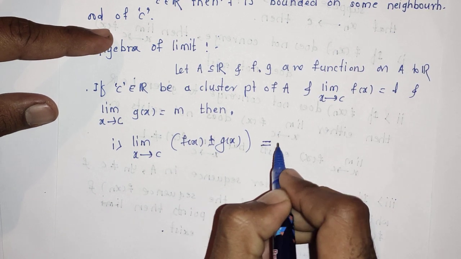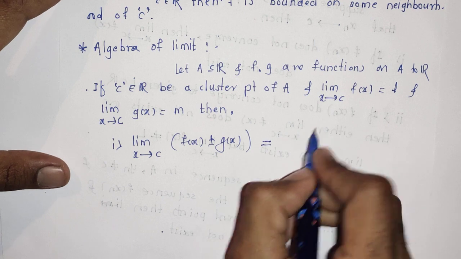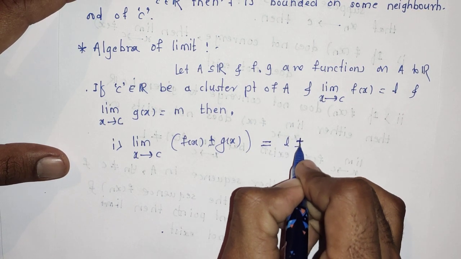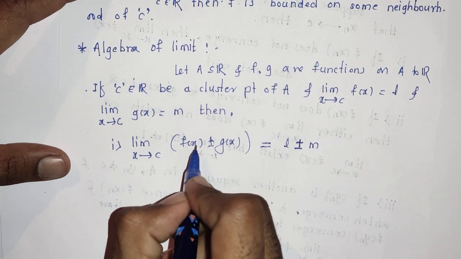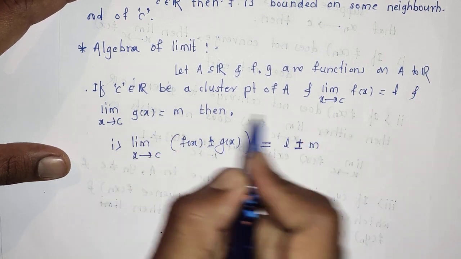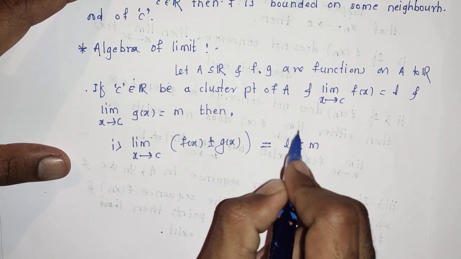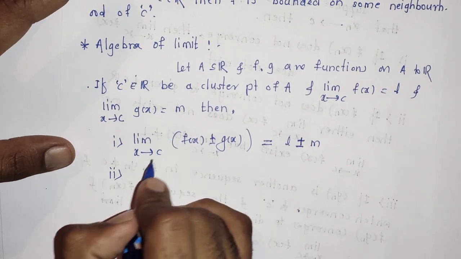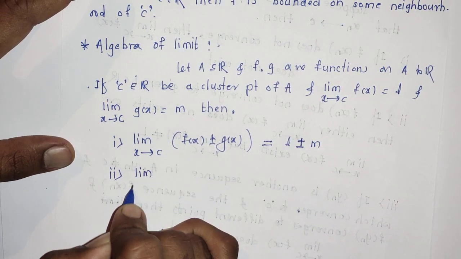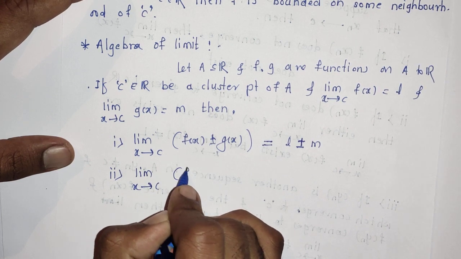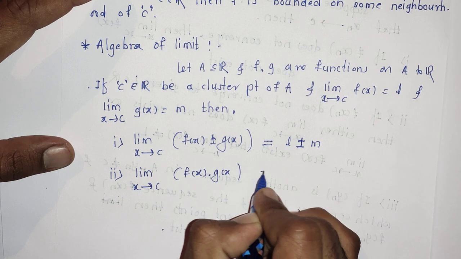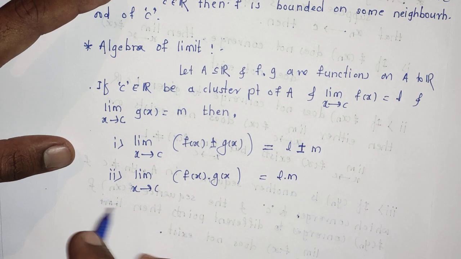By using the theorem on limits, this is L plus or minus m. Limit of f is L, limit of g is m, so the addition or subtraction is again the addition or subtraction of limits. Second, the limit as x tends to c of f of x into g of x equals L into m.